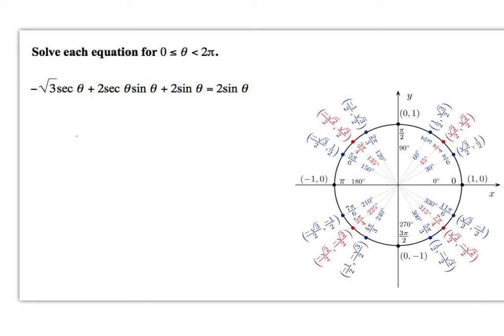So when I do that, we've got negative square root of 3 over cosine theta plus 2 sine theta over cosine theta. And I also notice I've got a plus 2 sine theta on both sides. So if I subtract that, both of those cancel out, and that gives me 0.